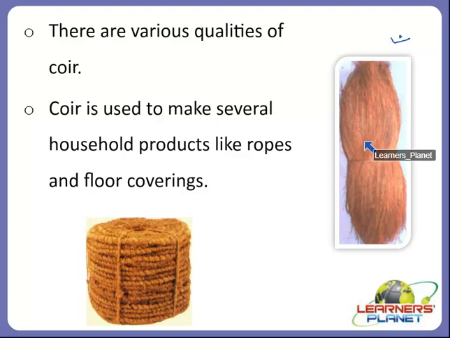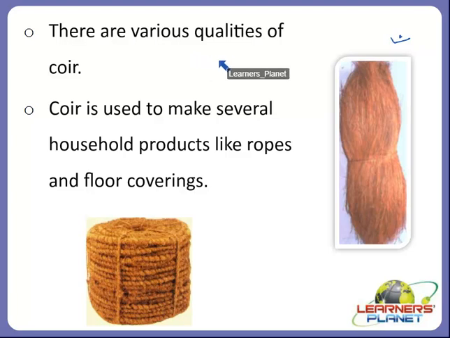Means it also goes through the retting process. And then the fiber obtained is spun and dyed and is ready for weaving. And therefore we get many things which can be made out of coir.